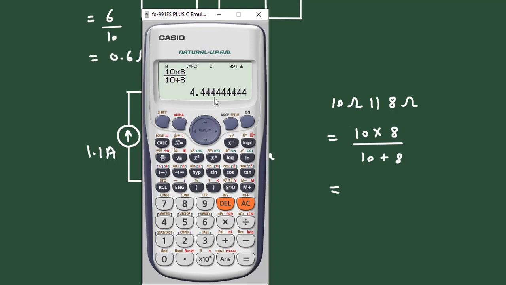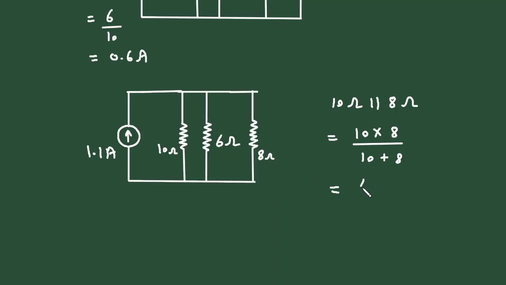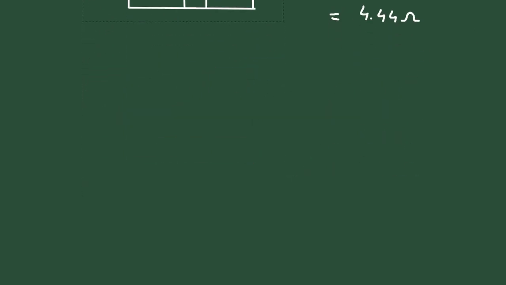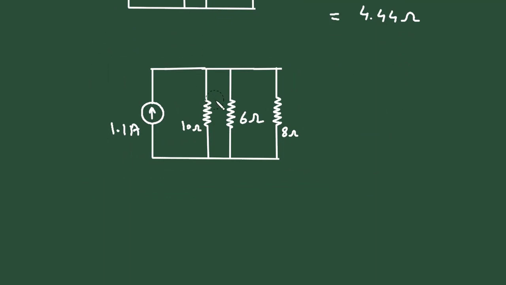So it is 4.44 ohm. So let's erase this resistor and make it a single resistor, or we can redraw this. Let's copy this and again let's erase this 10 ohm and it will be a single resistor of 4.44 ohm.